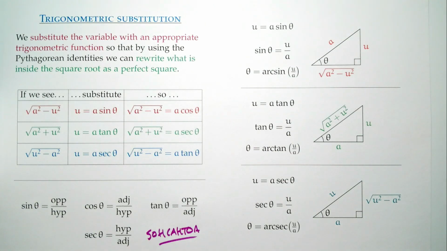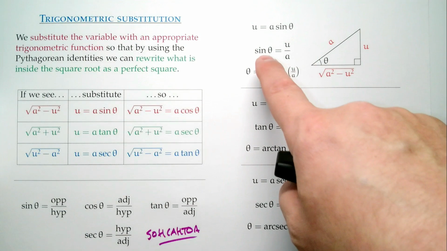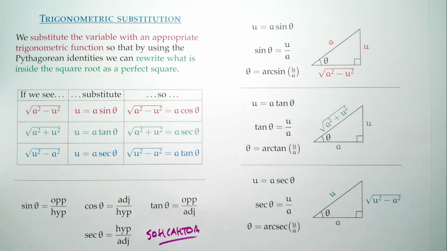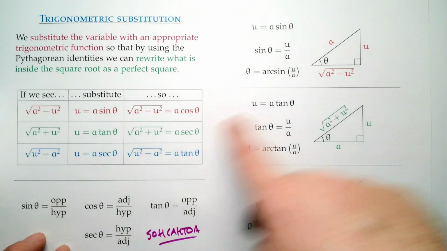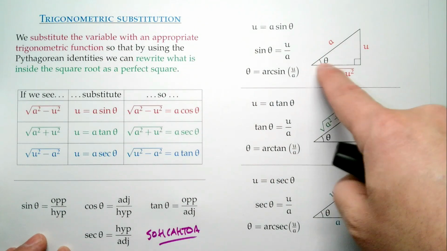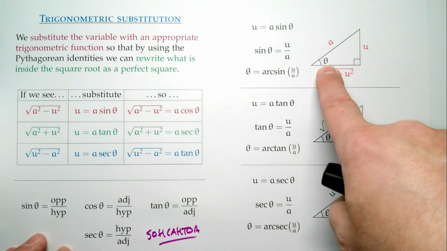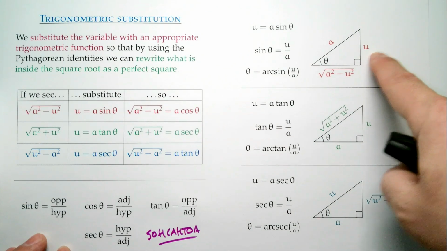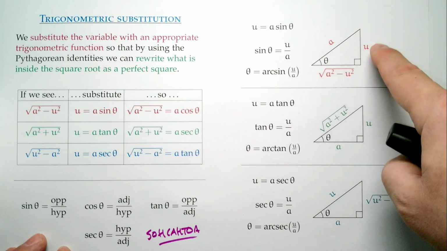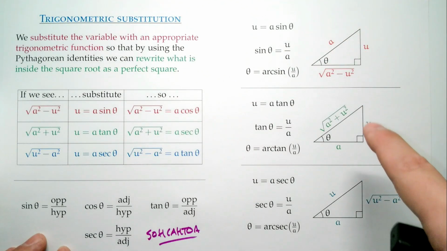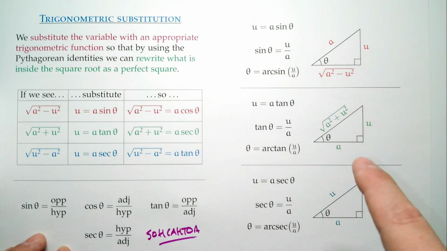So when we make a substitution, u equals a sine theta, that's the same thing as saying sine of theta is u over a. Well, the sine is the opposite over the hypotenuse. So if I draw a triangle and I put theta in the corner, the opposite is u, the hypotenuse is a. So I have u and a. So what's my missing side?